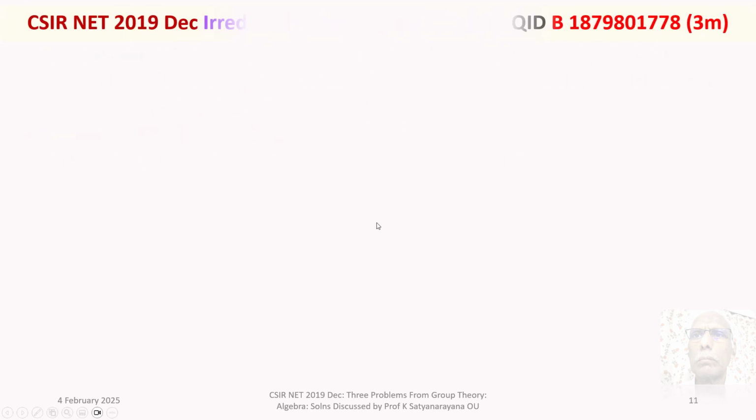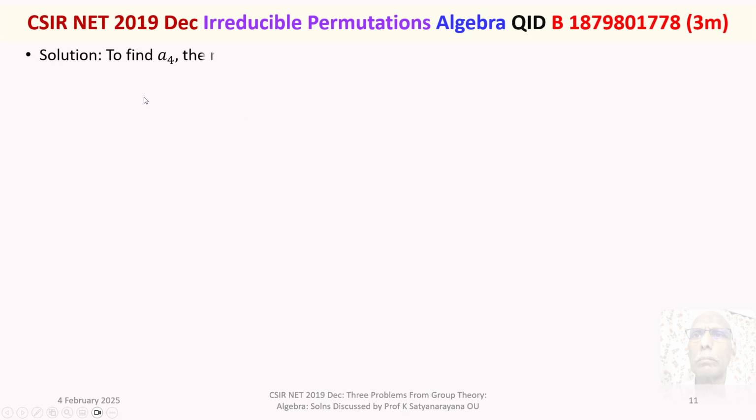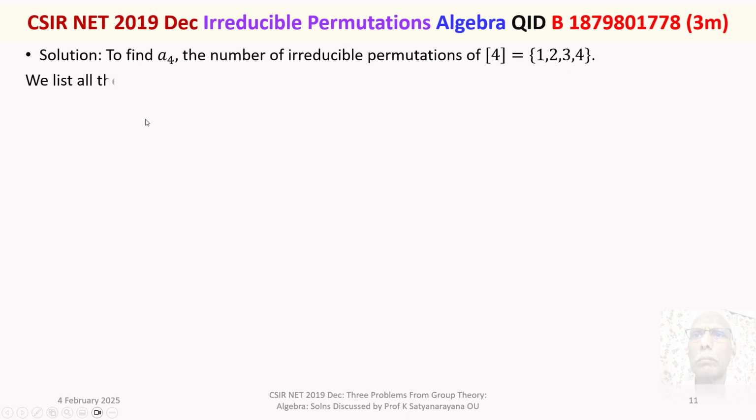Now let's discuss the solution of the problem in detail. We have to find a4, the number of irreducible permutations on [4]. [4] is the set consisting of 1, 2, 3, 4. Now we have to find the permutations on [4]. That means they are the permutations of S4.